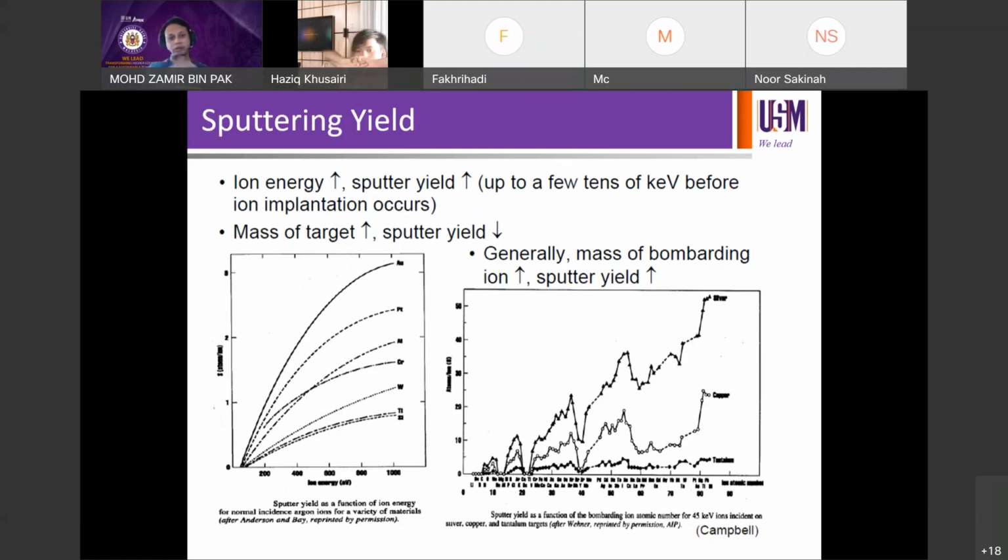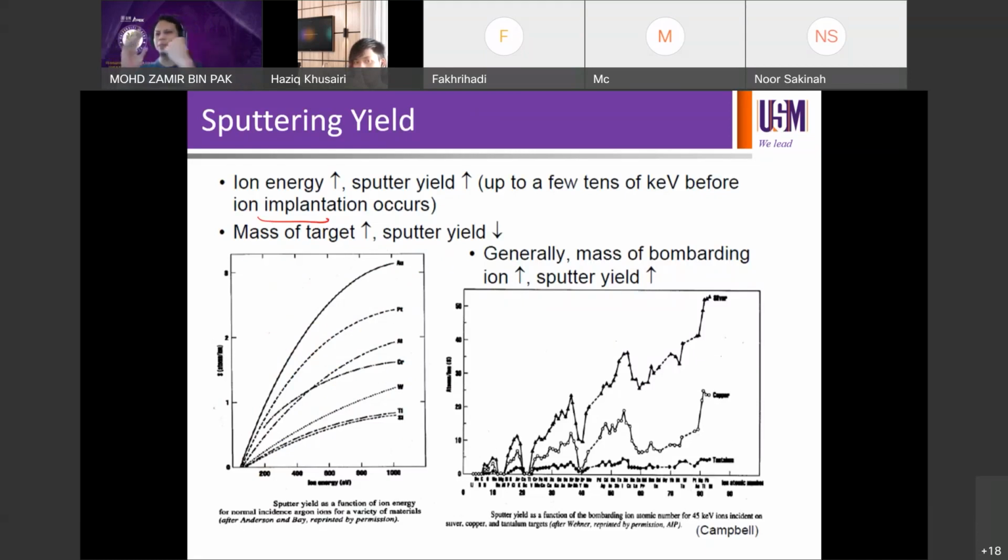Well, at some point, you tengok kat sini, ion implantation. When you talk about sputtering, at some point there'll probably be some ion implantation as well if the energy is too high. Maknanya bila at some point, kalau I don't know how to explain, kalau dia langgar at too high energy, mungkin the transfer is not as effective perhaps.